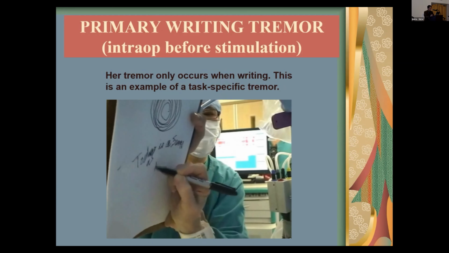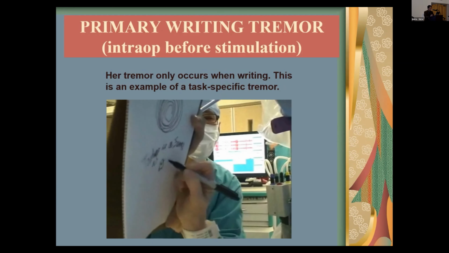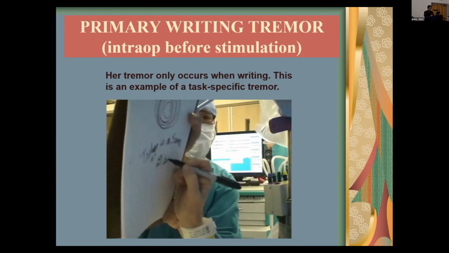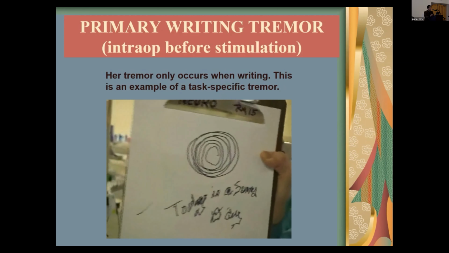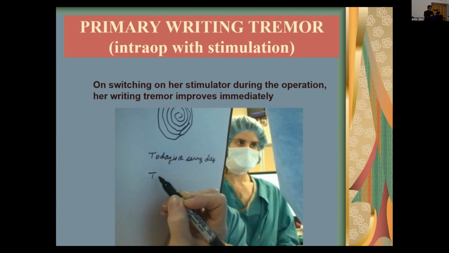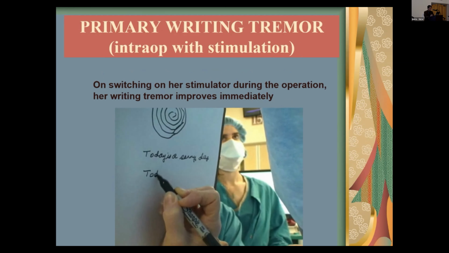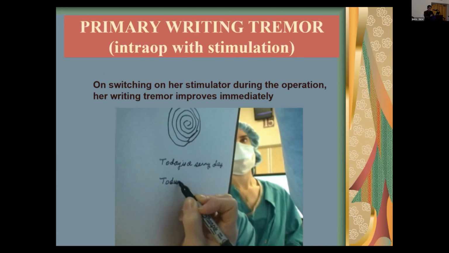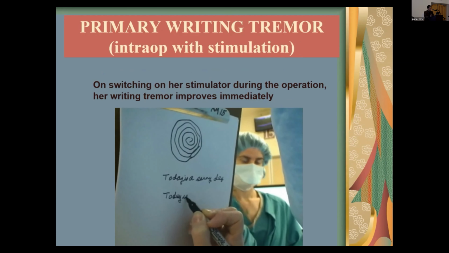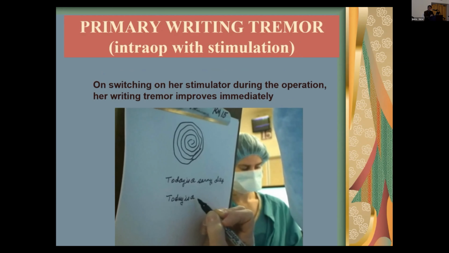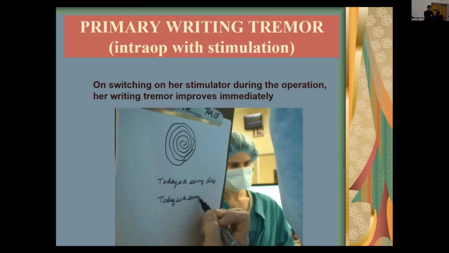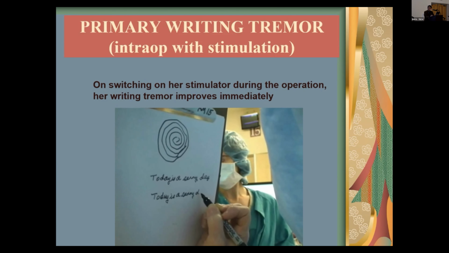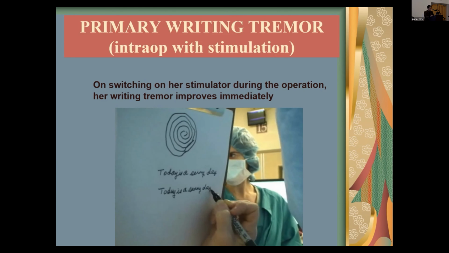Now this is one of the few tremor conditions where I probably would want this to be done awake. As Dr. Ponce will tell you in a few minutes, DBS now is done asleep with practically the same results as done awake. So during the operation, once we hit the sweet spot, we make her write, and we see an improvement of that tremor. It's so gratifying to see this dramatic change even in the operating room.